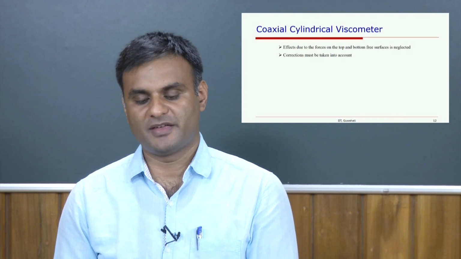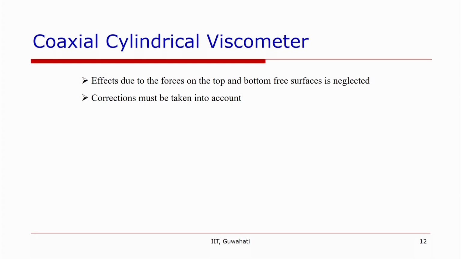Okay, so again we have made some assumptions here, because this relationship has been derived for the flow of fluid between two infinite cylinders, but in practice we have an outer cylinder in which there is an inner cylinder.